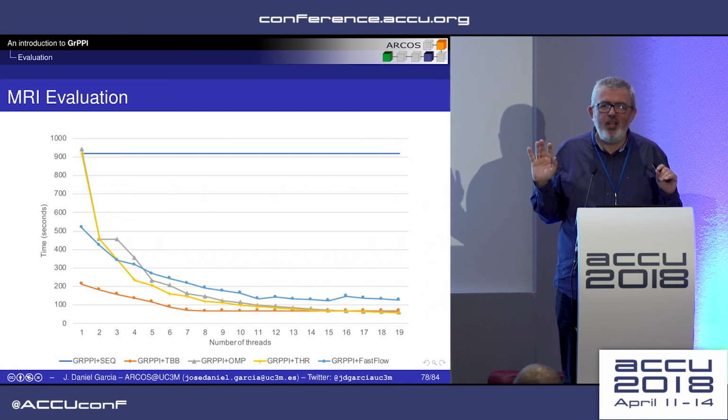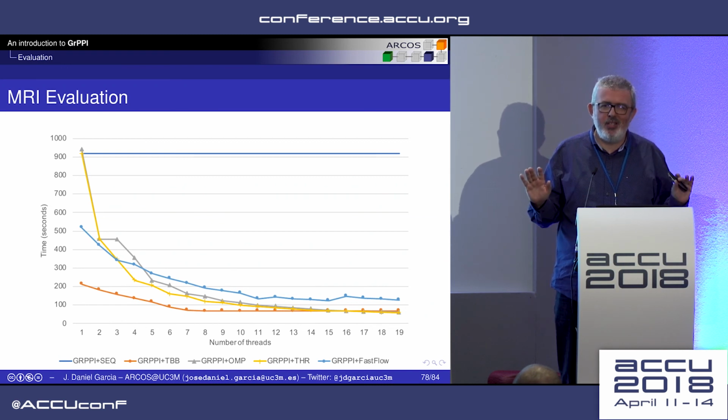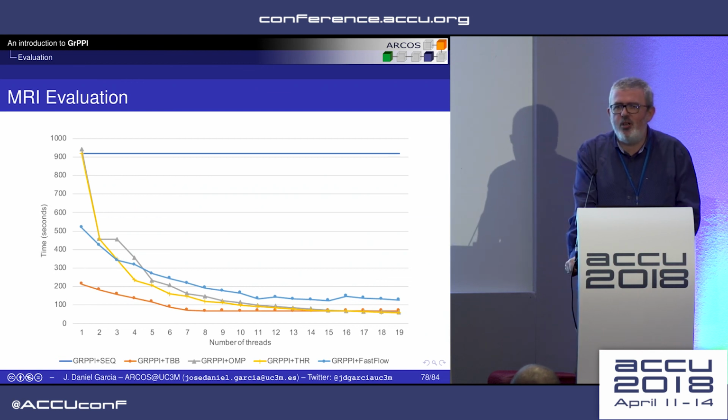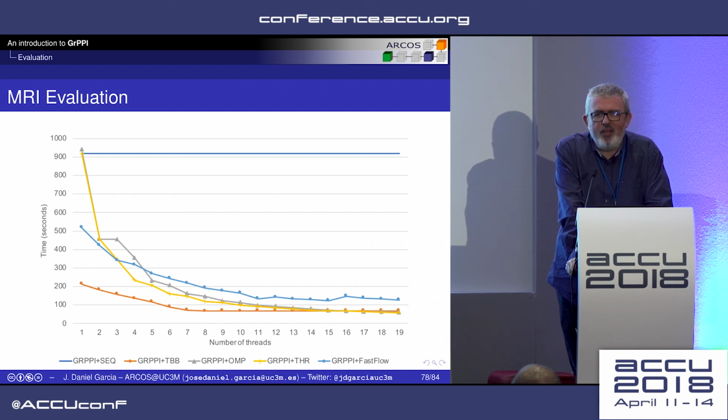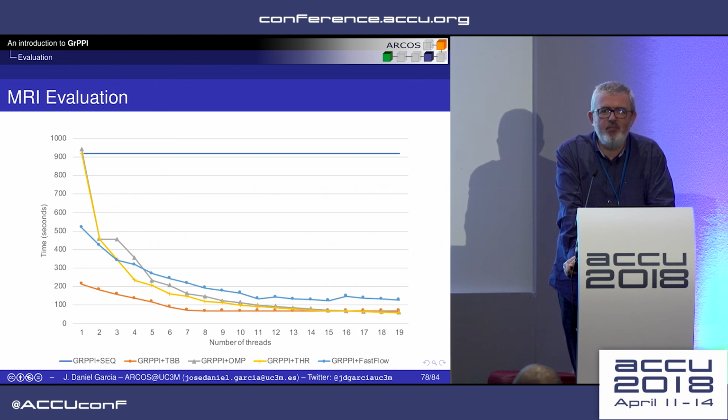So the thing here also is that what we did was easy parallelism, something that you can do in 1-2 days. And I think this is also a relevant thing. Of course, we can still fine-tune this application more.